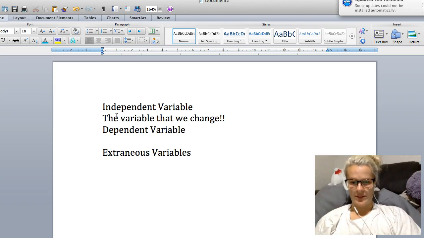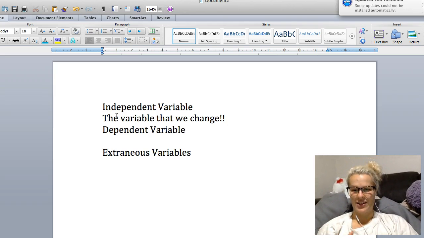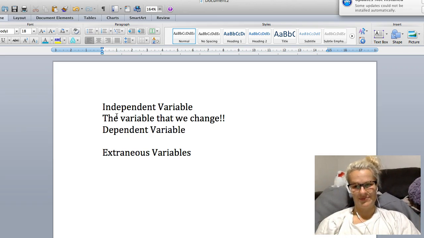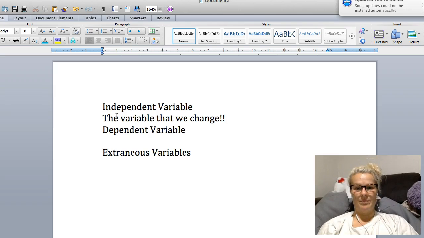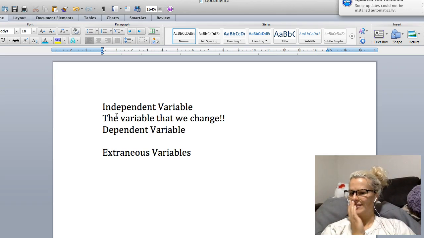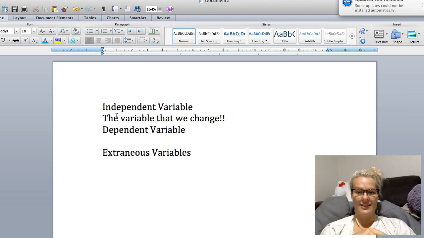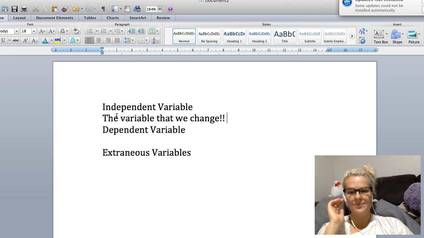So if I'm doing research on chocolate and the effect on students' concentration after lunch, I would be giving half of my students chocolate at lunchtime, and half of the other students maybe an apple or something else, or just give them nothing.